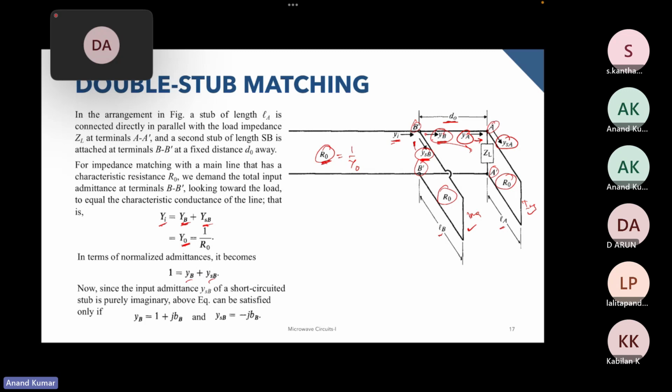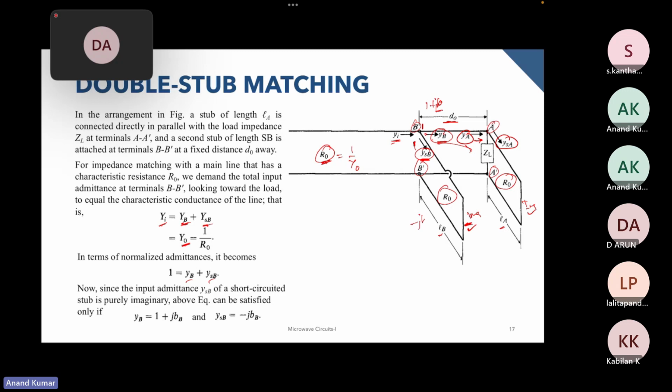Now again, the same thing happens as we saw in the single stub matching. Since this stub will only offer imaginary admittance, we have to make sure that the real part of yb dash is equal to 1. So this has to become 1 plus jb form, and we can cancel this jb by making this stub minus jb.